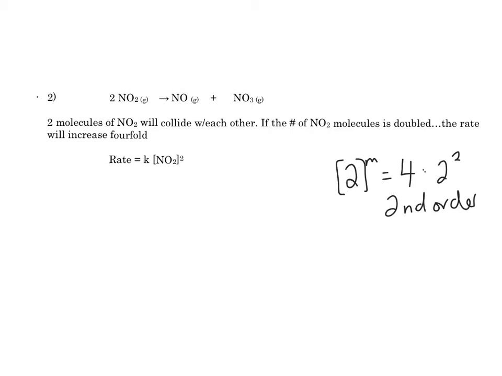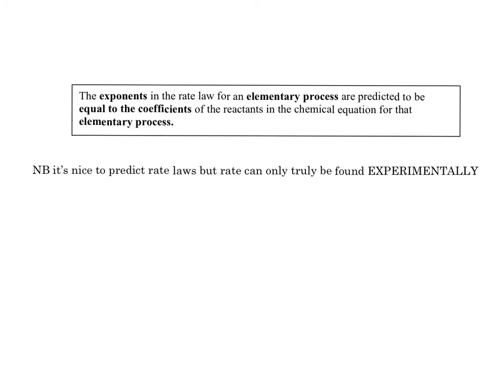The chemical equation gives us our rate law expression because it happens in one step. The coefficient becomes your rate law exponent. So the exponents in the rate law for an elementary process are predicted to be equal to the coefficients of the reactants in the chemical equation for that elementary process.